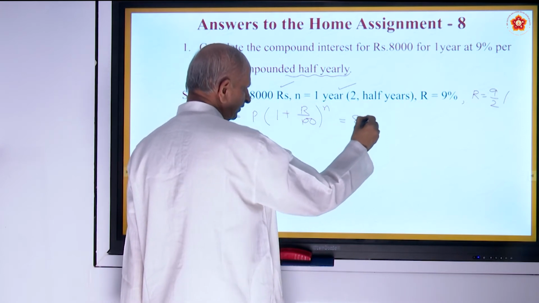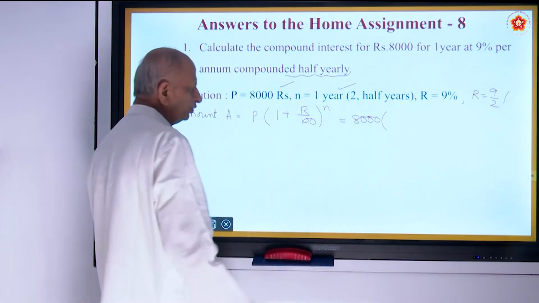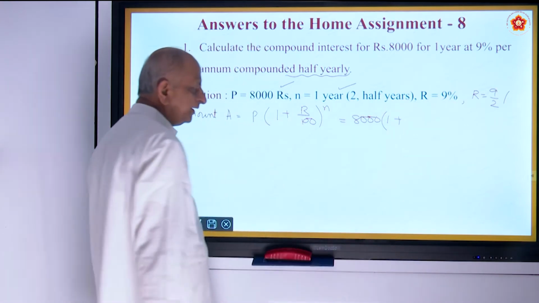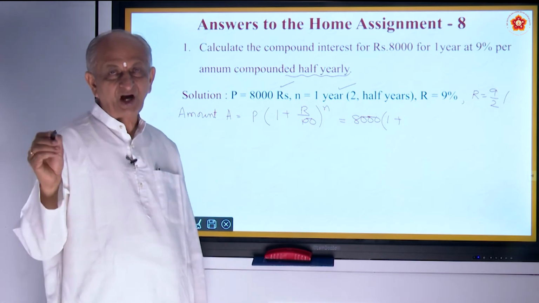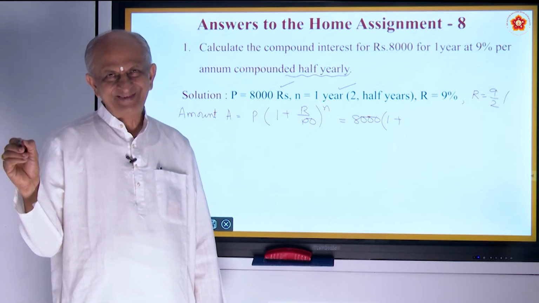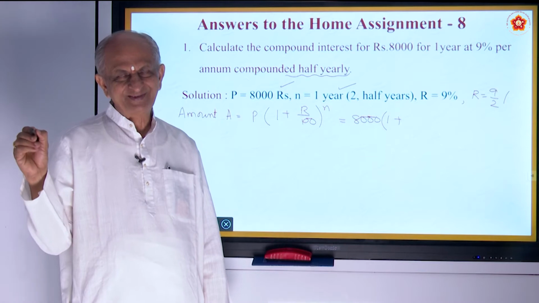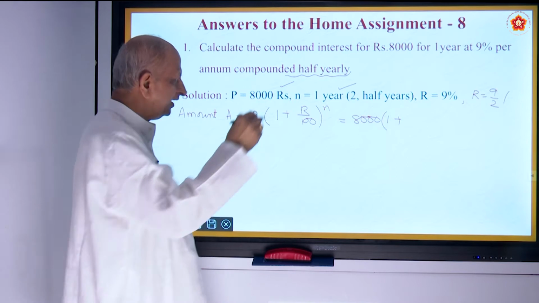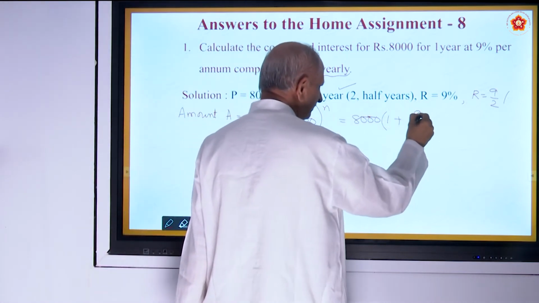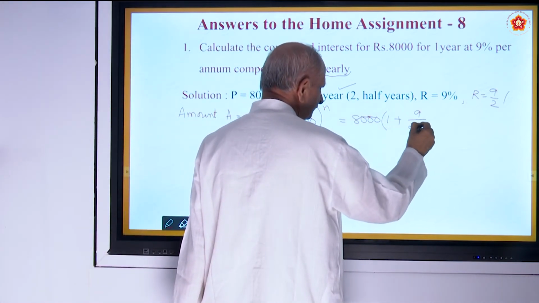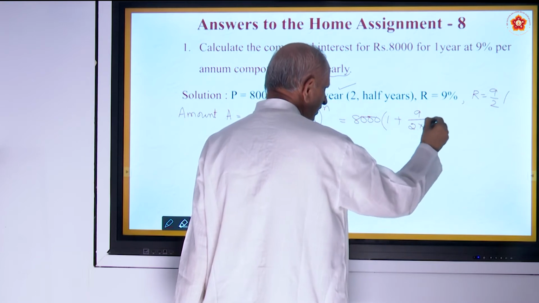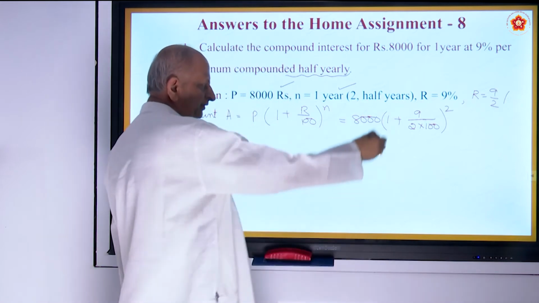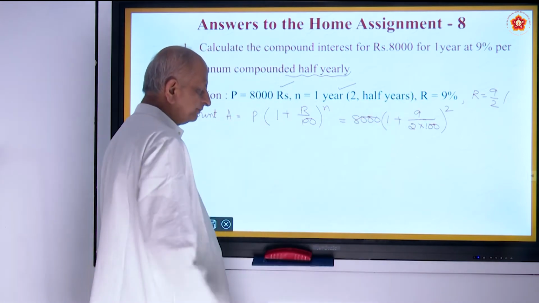P is 8,000 into 1 plus 9 by 2 into 100, to the power of 2 half years. Why must you make it 9 by 2? Because it is half yearly. If it is 3 months, that is quarterly, it is a quarter of the year. So the rate should be taken as 9 by 2. This is for half year, and there are 2 half years.